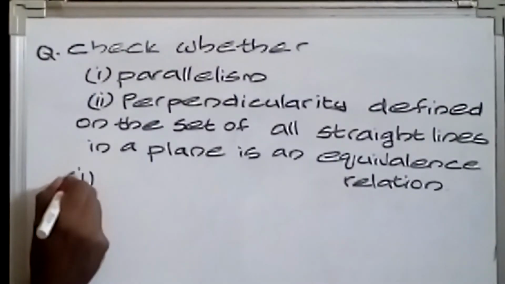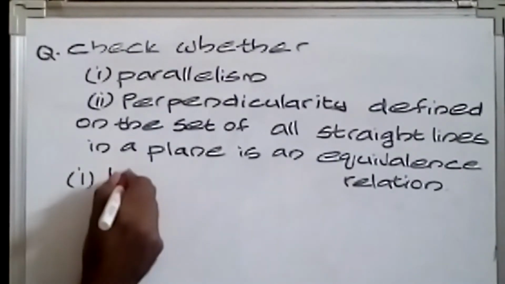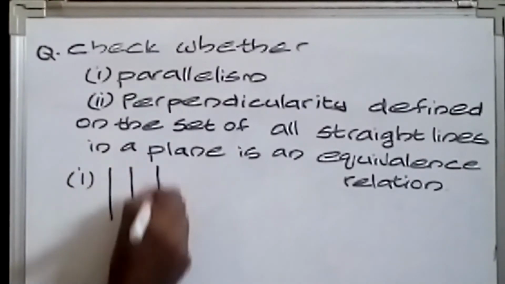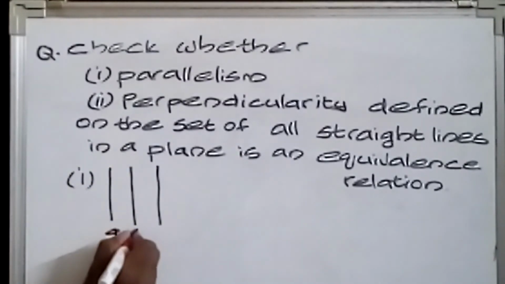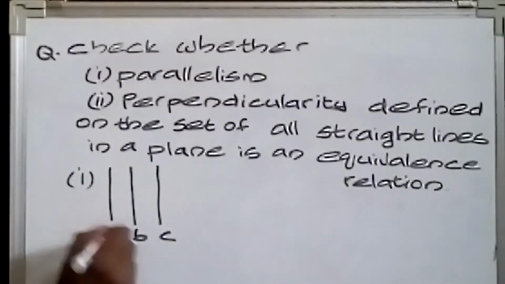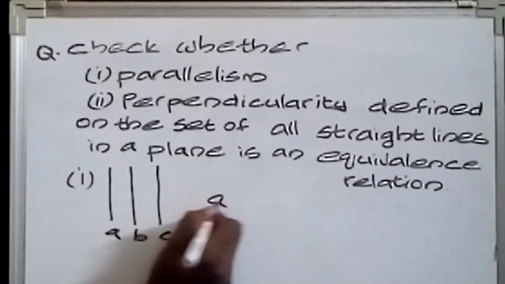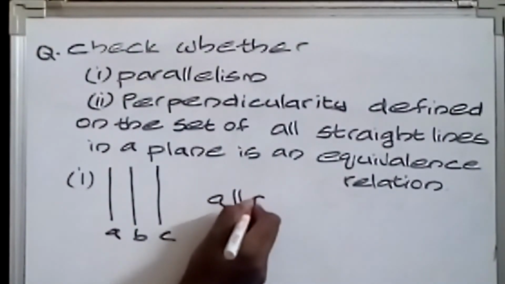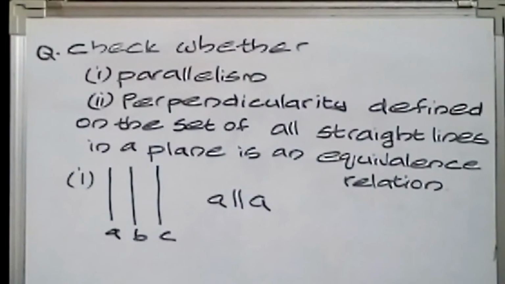Let us take three lines A, B and C. Since a line is parallel to itself, A is parallel to A itself. Therefore, the relation is clearly reflexive.